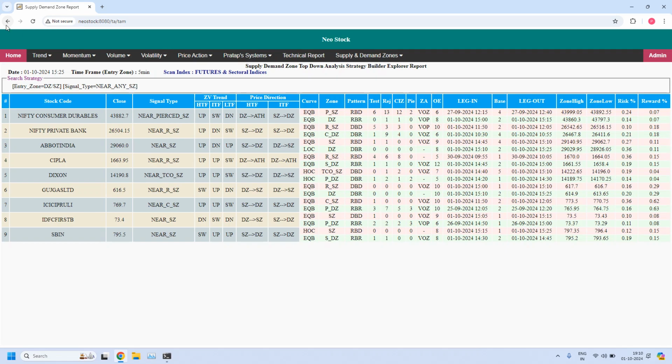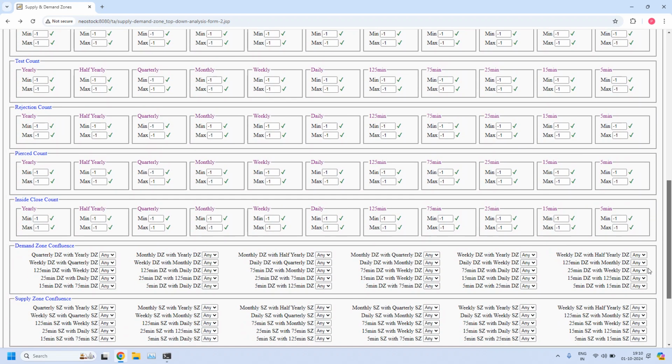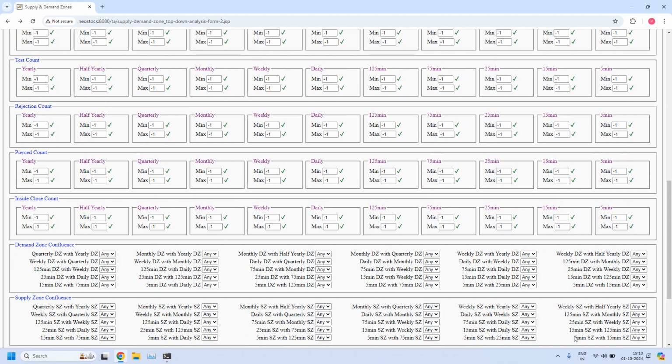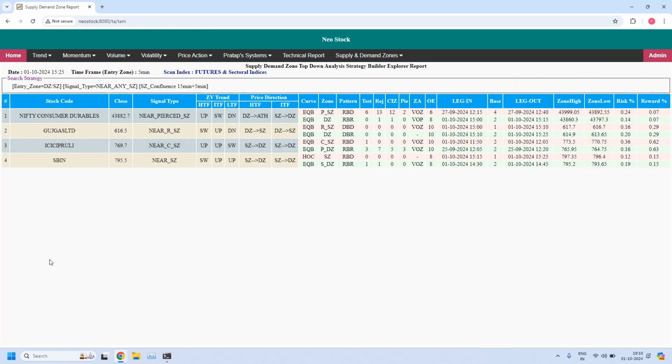That means ITF confluence, 5 minutes and 15 minute supply zone confluence. So I am enabling the filter 5 minute supply zone with 15 minute supply zone confluence. Now let's verify. We got 4 stocks. All these 4 supply zones are part of the 15 minute supply zone.